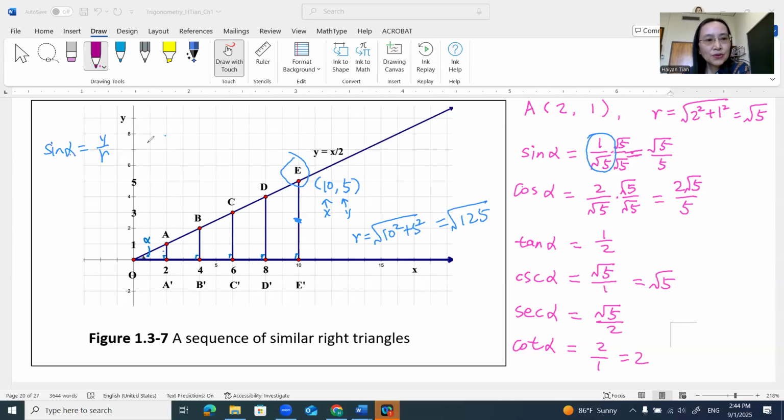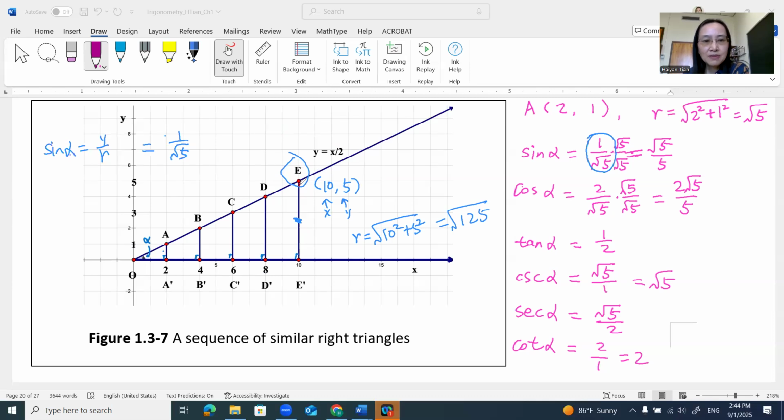So it's still 1 over square root of 5. That means although it's a different point on the terminal side, we see two similar triangles.